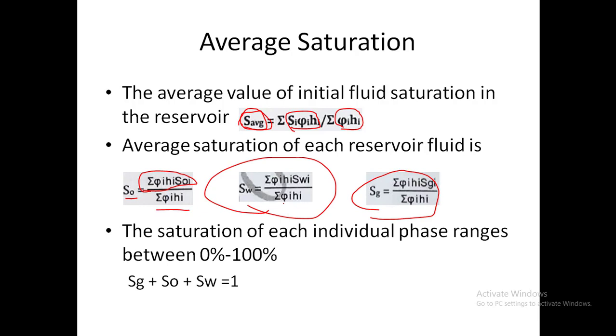Obviously we all know that the summation of all saturations will be either 1 or 100%, and the range of each individual fluid saturation will be from 0 to 100%. So saturation of gas plus saturation of oil plus saturation of water is equal to 1.